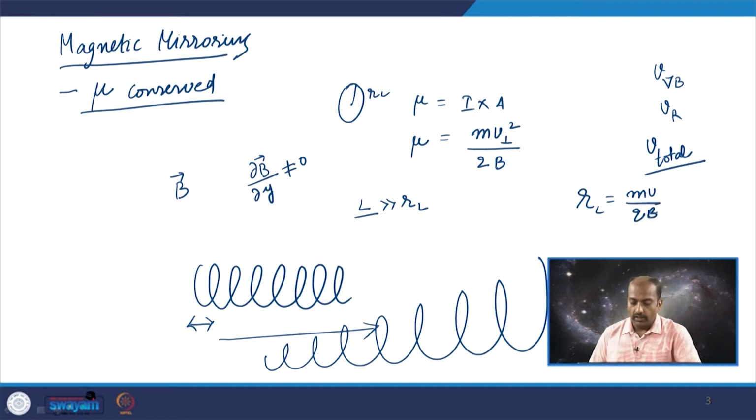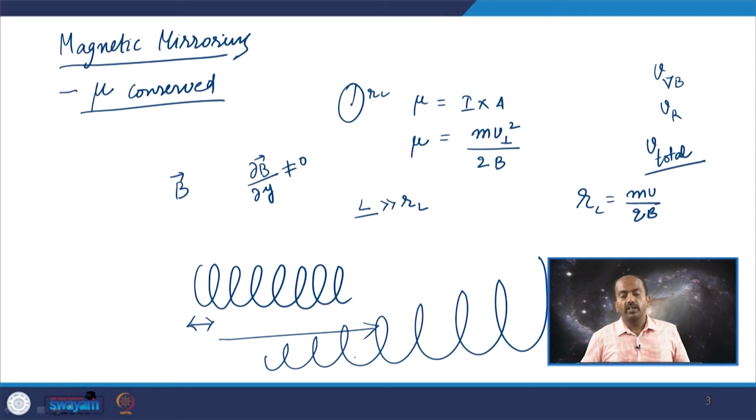So, in the field alignments that we have taken, where the magnetic field is low at a particular point, the radius of gyration will be larger because of the magnetic field, not due to the particle's mass. Now we will try to understand how a particle can be trapped by a certain type of magnetic field, which changes with respect to space.